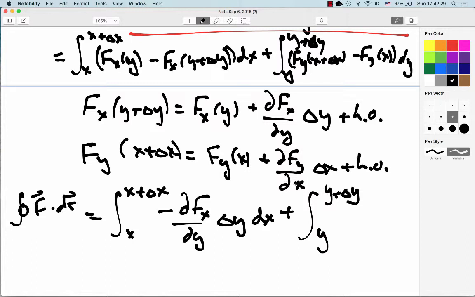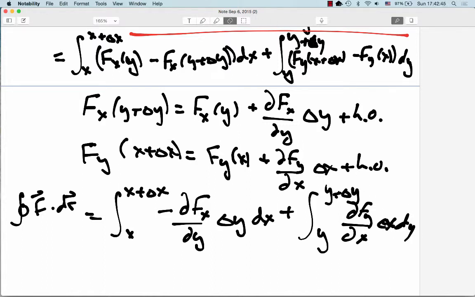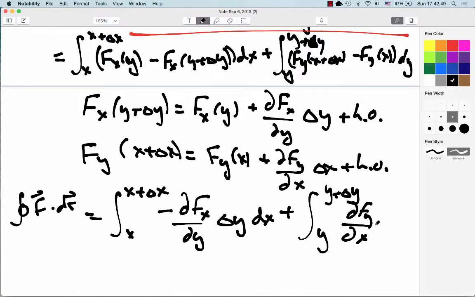And then same deal here, except here it's going into the first term, so we're left with the positive sign partial fy partial x delta x dy.